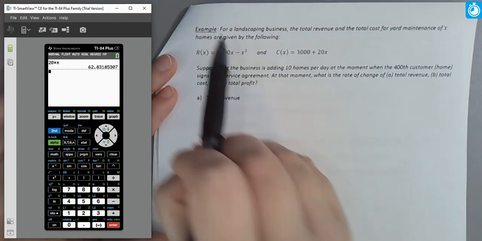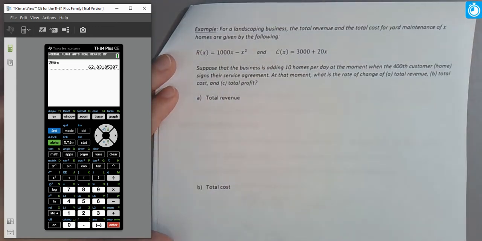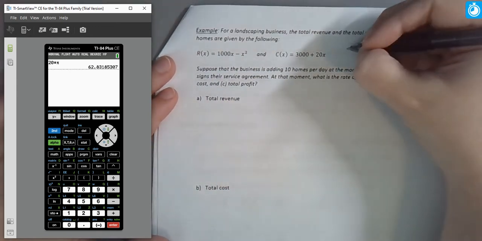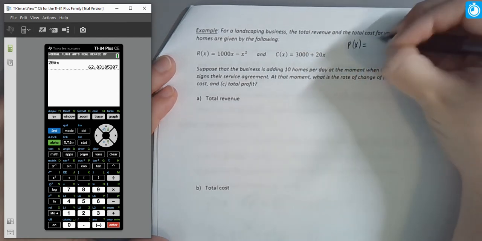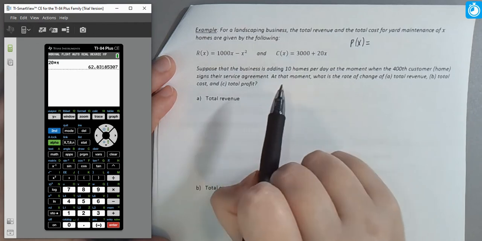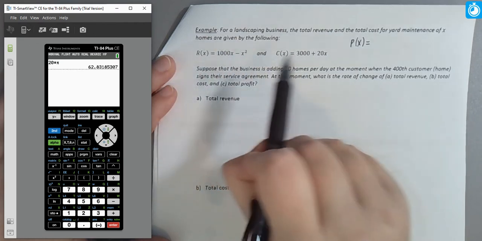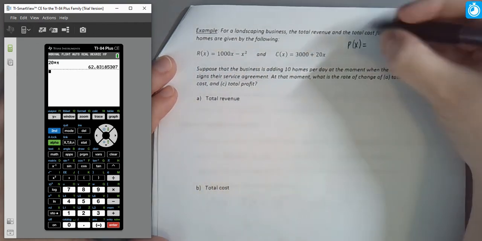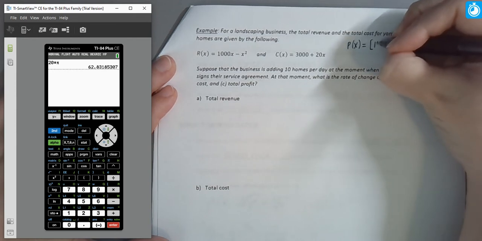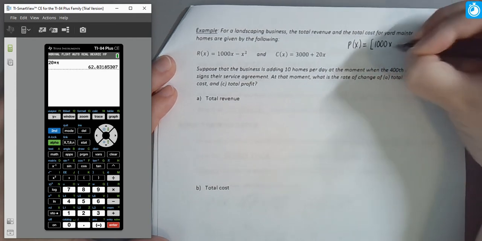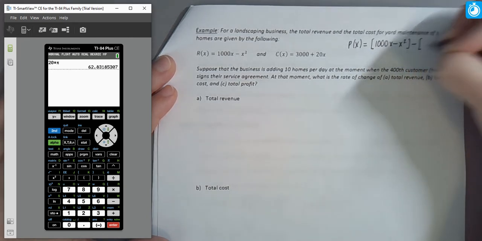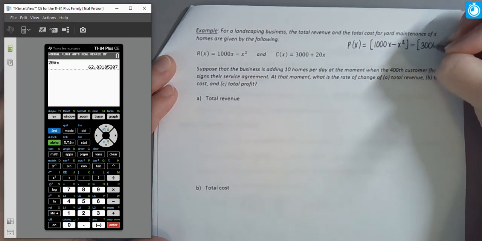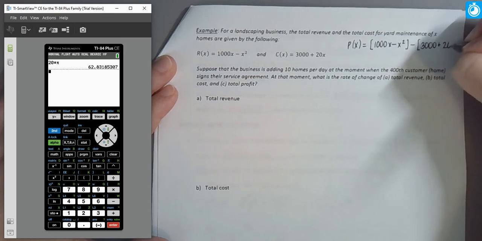Well, we've referenced profit. First off, notice we don't have a profit function. So that's maybe a good place to start. So what is our profit function? Well, profit is always defined as revenue minus cost, so the money we make minus the money we have to pay for our bills. So that's going to be 1000x minus x squared minus the cost, which is 3000 plus 20x.